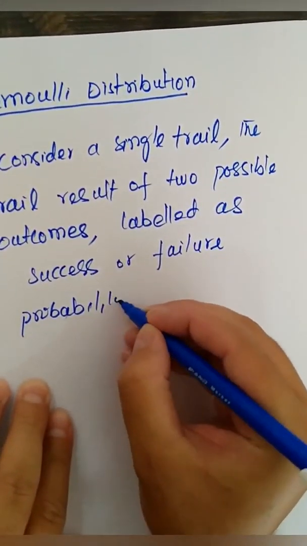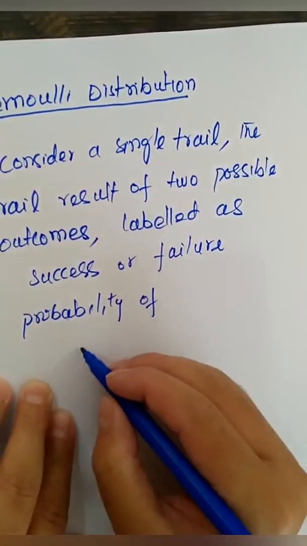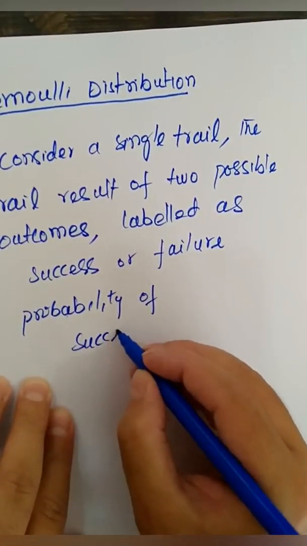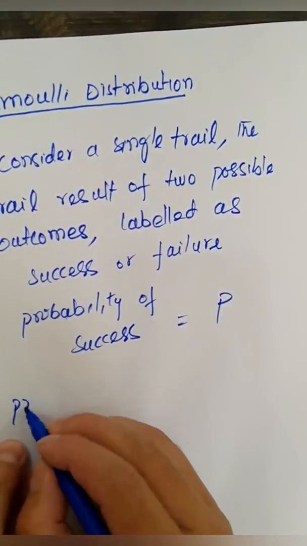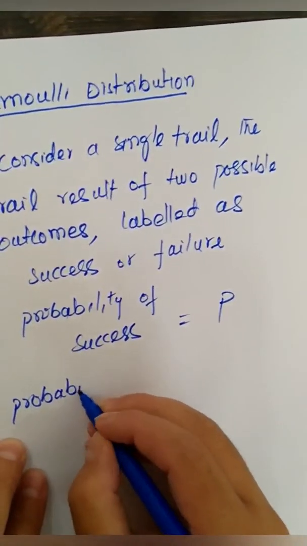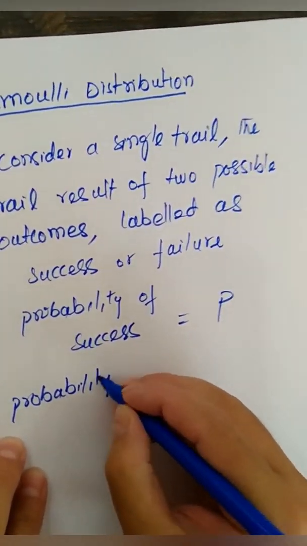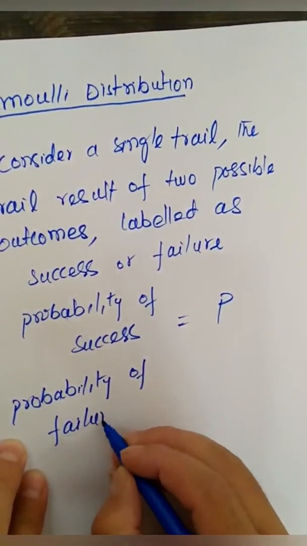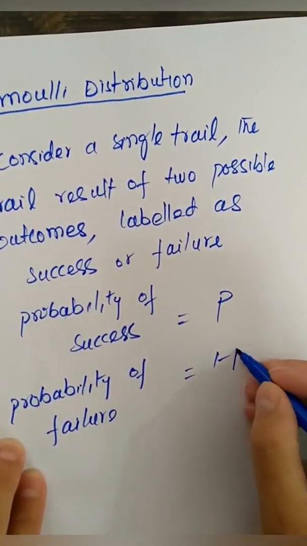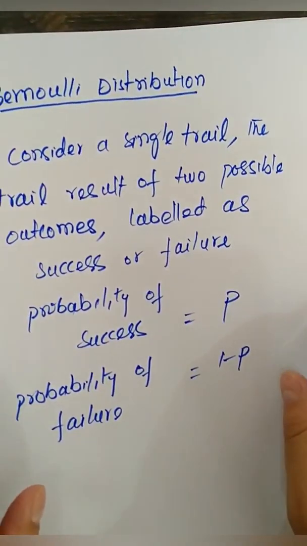Probability of success as p. Now the probability of failure would be 1 minus p.